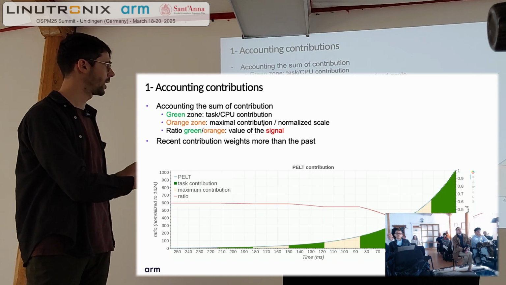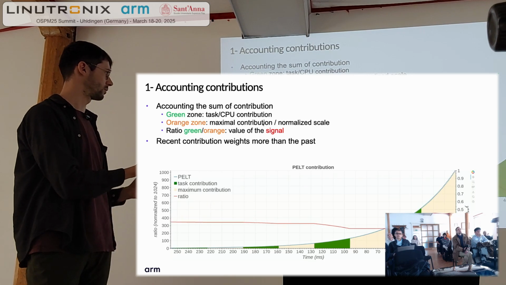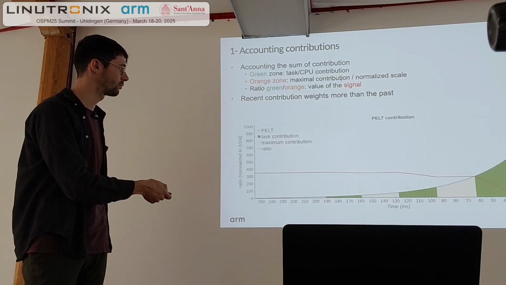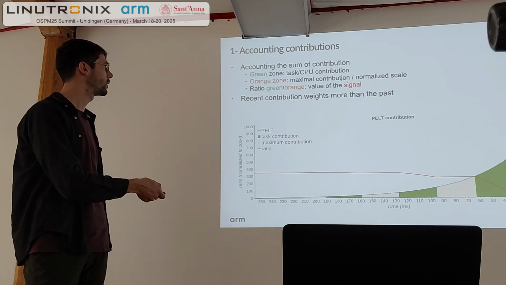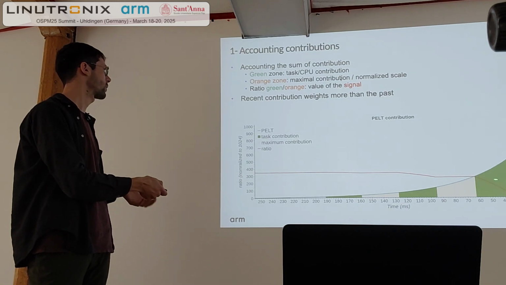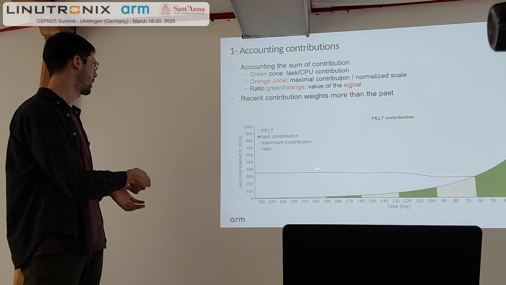The red line here is representing the accumulated contribution at a given time. Here you have no contribution, so it doesn't increase the red signal. Here you are accounting the contribution, so the red line is growing, and the more you go in the past, the less it grows.